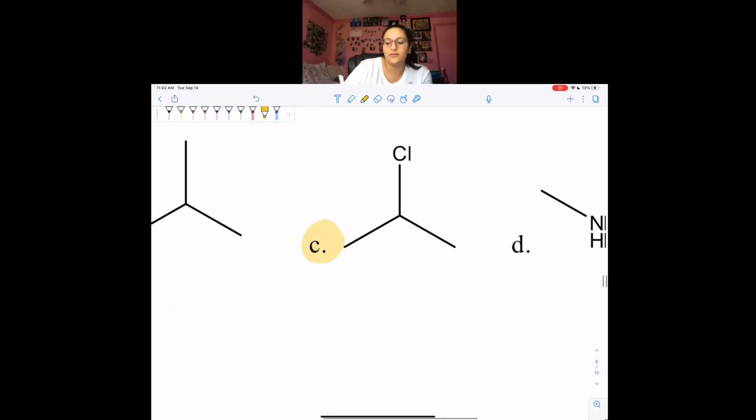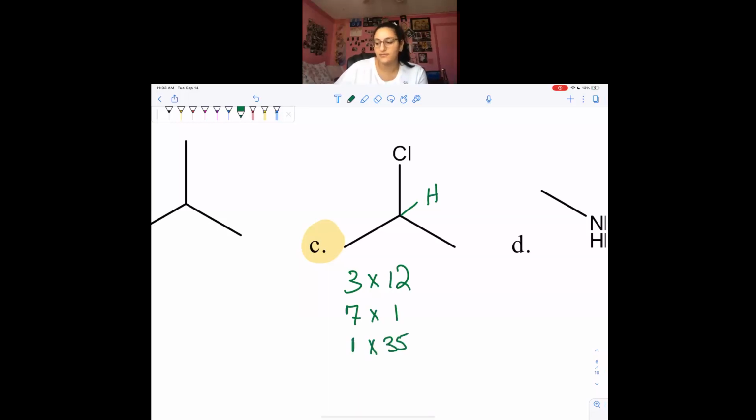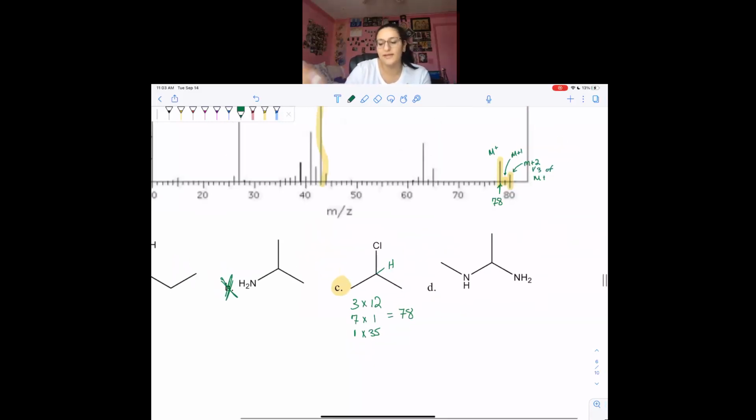So we have 3 carbons times 12, and then 7 hydrogens times 1, and 1 chlorine times 35. So if you do some quick math, you get 78, which matches up with our M+ peak, so we are correct.